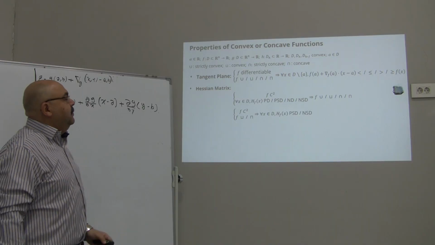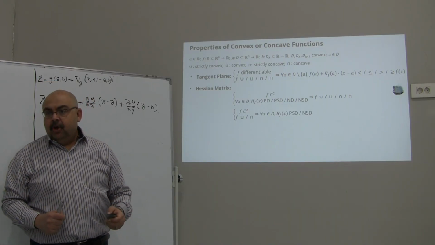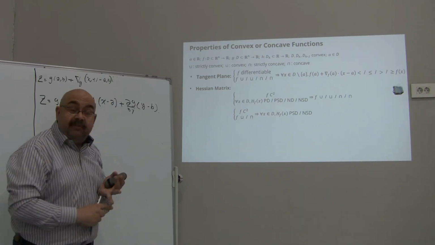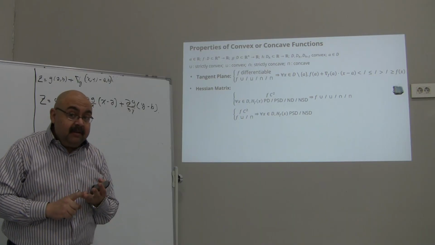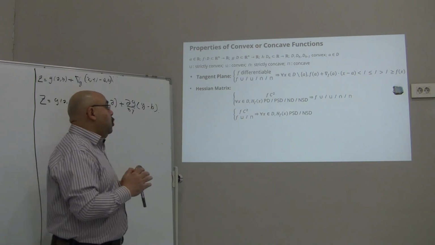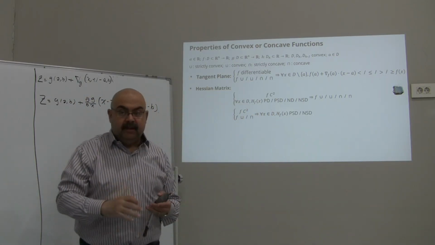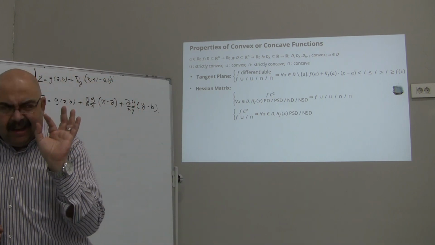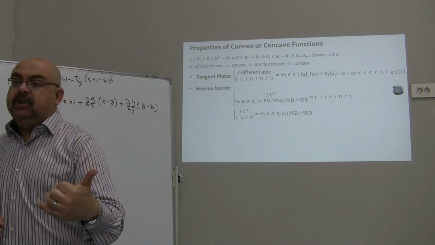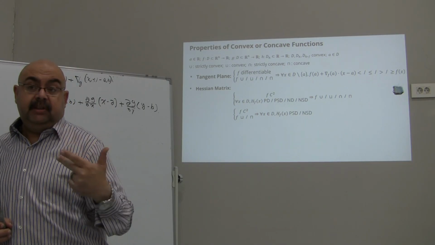Now I will speak specifically about the sign of the Hessian matrix. Either the Hessian matrix is positive definite, positive semi-definite, negative definite, or negative semi-definite. Before going further through this part, I would deeply recommend that you link the ideas of how to identify whether a matrix is positive definite, positive semi-definite, negative definite, or negative semi-definite.